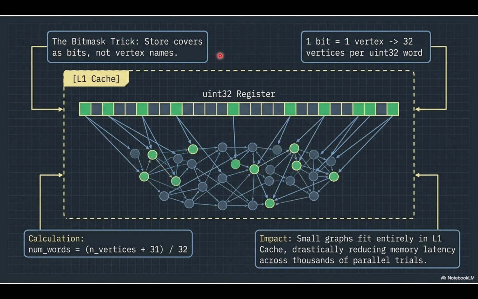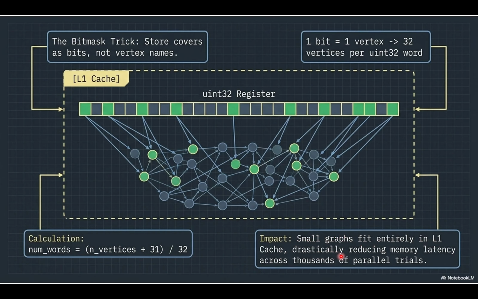Right. And what's fascinating here is the cascading effect of that one optimization. Because in GPU programming, your biggest enemy isn't computation speed. It's memory bandwidth. Exactly. Waiting for data to travel from the main VRAM to the processing cores takes an absolute eternity in clock cycles. Just sitting there waiting. Yeah. But by compressing the entire vertex state down to a 32-bit integer, the entire cover state for a small graph fits perfectly right into the GPU's L1 cache.